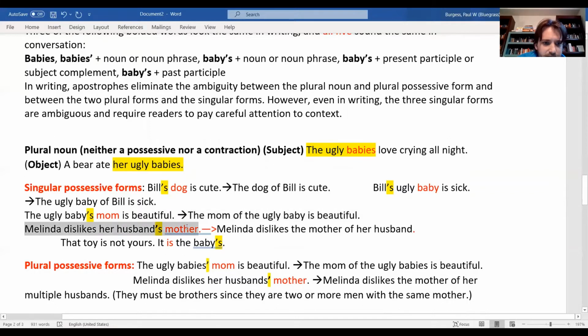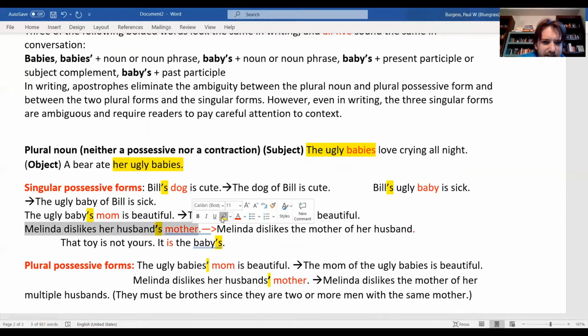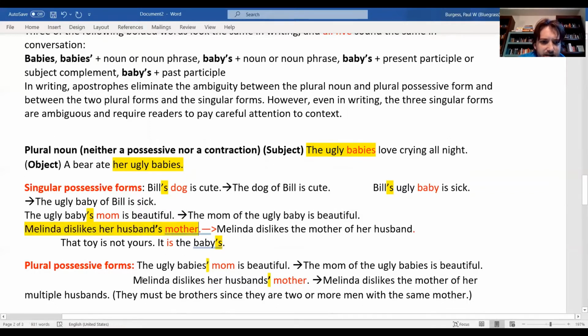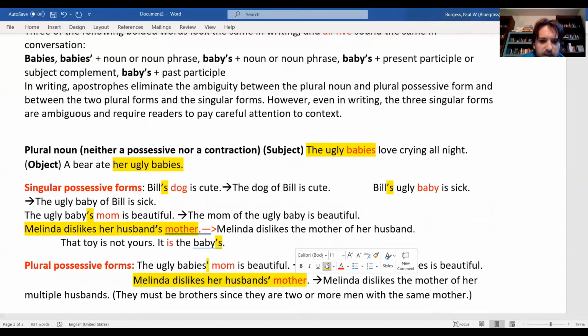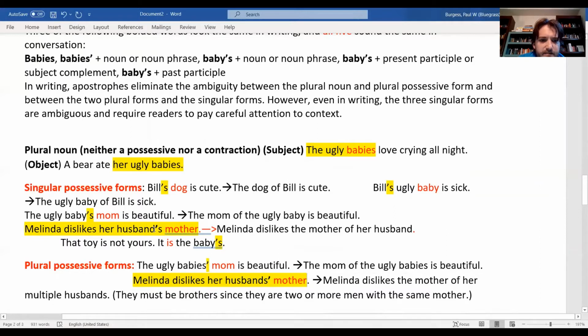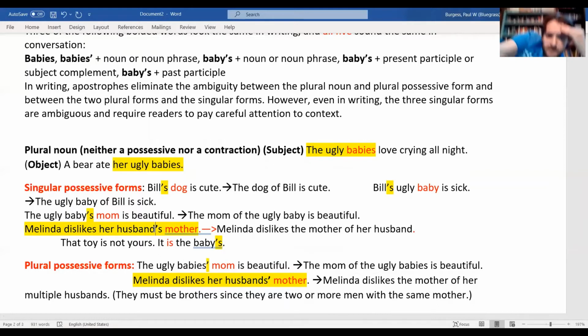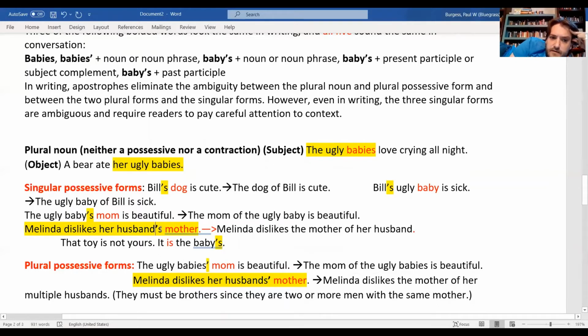Something to also notice is how embarrassing mistakes with this can be. Let's take a look at Melinda. Melinda dislikes her husband's mother. Okay, that's a common situation. A lot of women dislike their mother-in-laws. All right, so she dislikes the mother of her husband. No problem, okay?